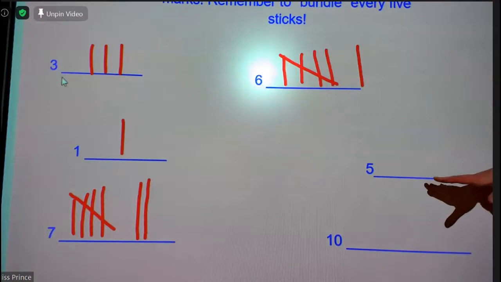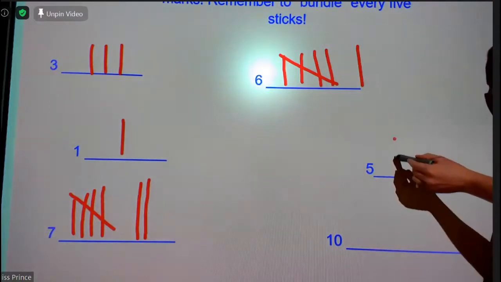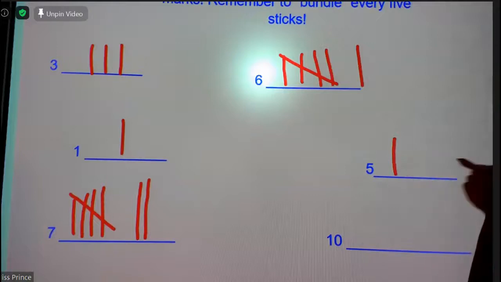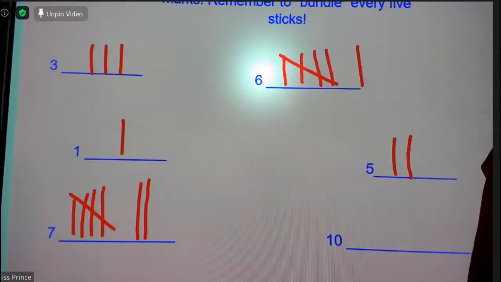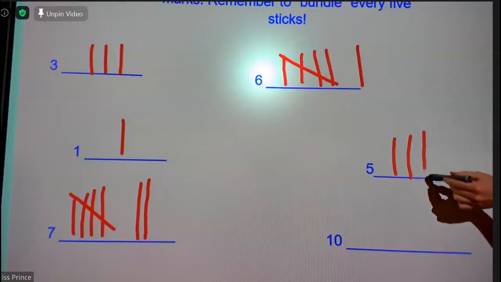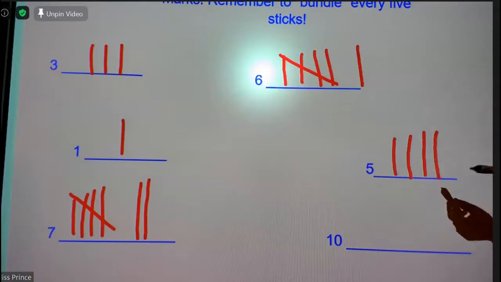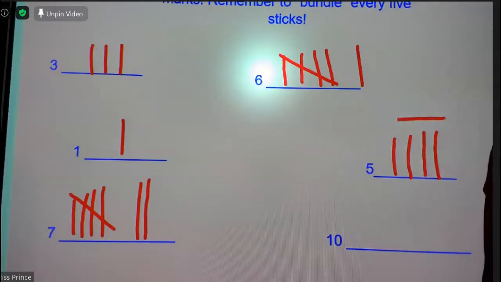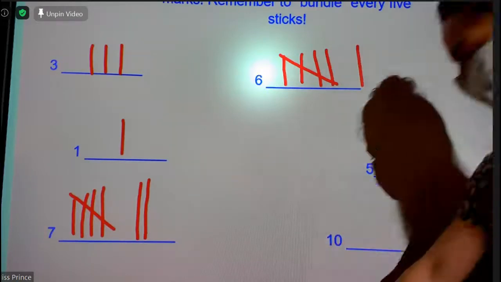Okay, we're going to do 5. What does 5 look like? 1, 2, draw it like this, can't I? No. Okay, how do I have to draw it? Like this.